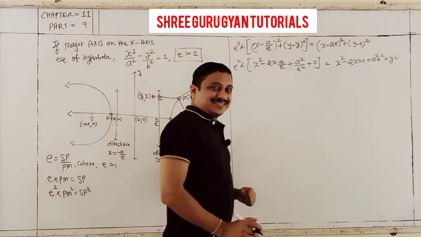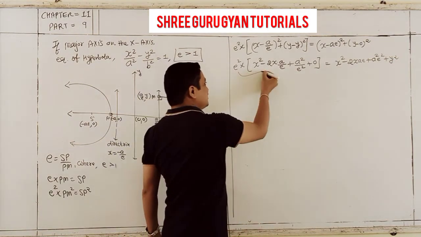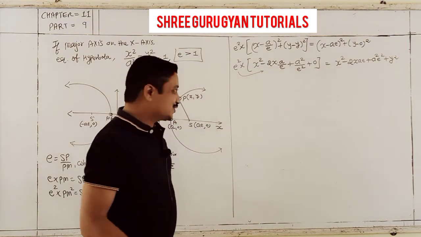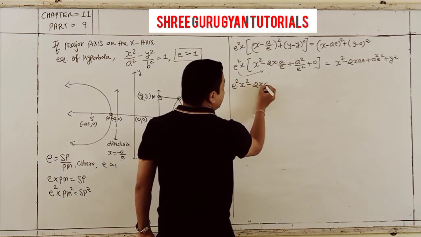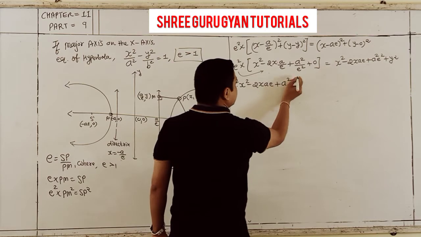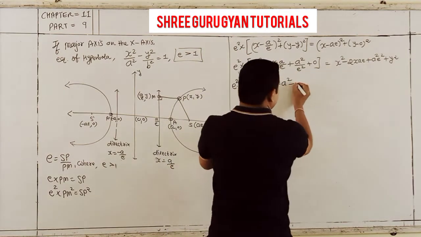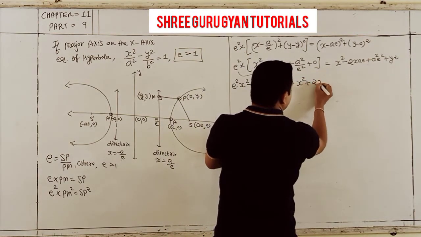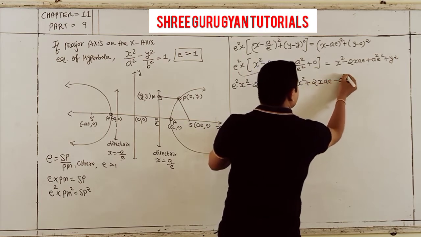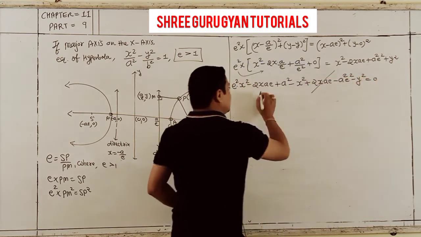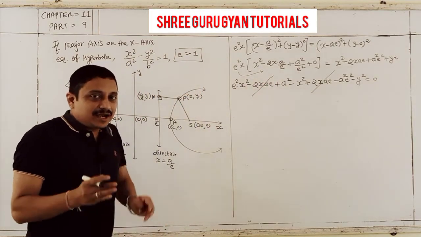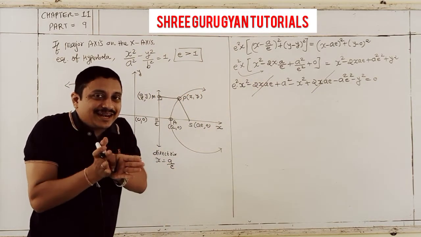I think students it's a better idea to multiply e square inside. So e square x square minus twice x a e plus a square, and on the other side, x square minus twice x a e plus a square e square plus y square. This cancels, and now you arrange the like terms.